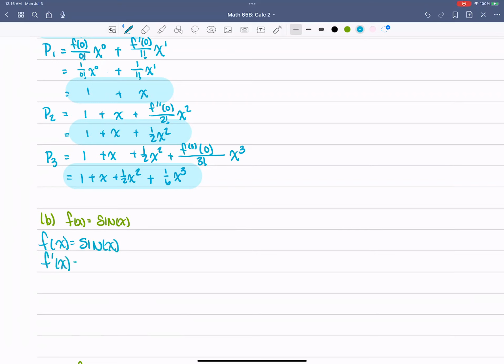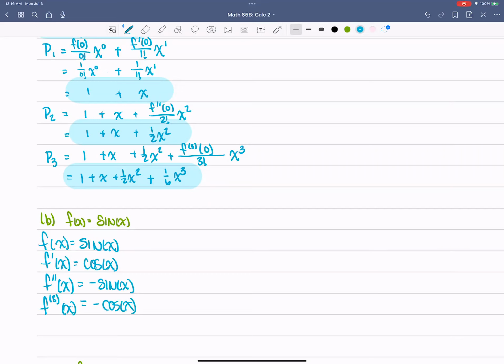F prime of x is going to be cosine x. F double prime of x is going to be negative sine x. And the third derivative is negative cosine x.